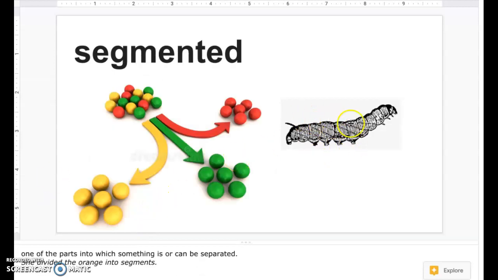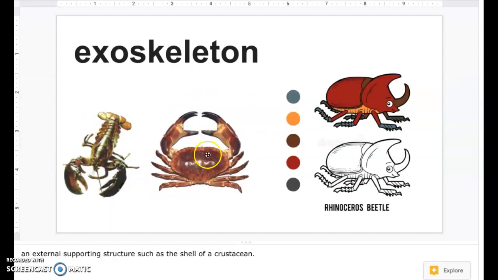Segmented, in terms of biology and insects, is when things can be separated. As you can see in this insect, they have segmented, separated bodies, right? Kind of like divided into different sections. An exoskeleton is the outer part that supports an animal or an insect.